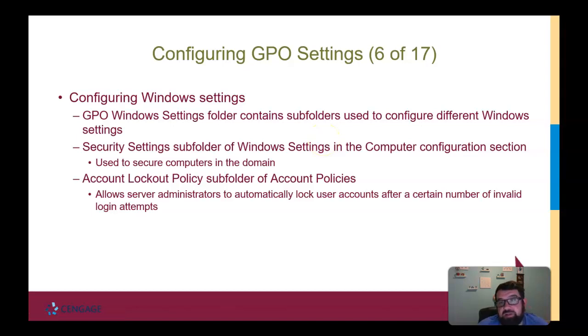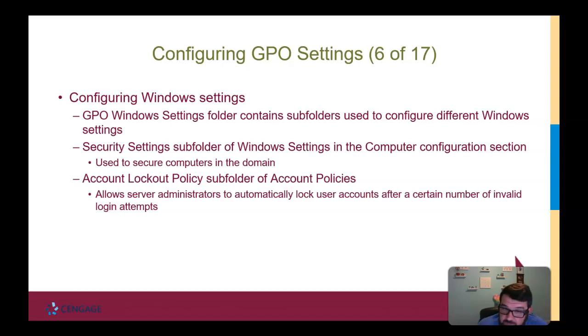So Windows settings, under the GPO settings, contains subfolders used to configure different Windows settings. So there's a security settings subfolder, which is where you basically set all of the security settings, like your password policies, lockout policy, all those type of things are under the security settings, and then account policies underneath of it.